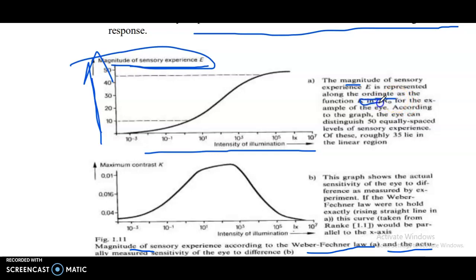For the amplitude of the eye according to the graph, the eye can distinguish 50 equally spaced levels of sensory experience, roughly 3.5 in the linear region.